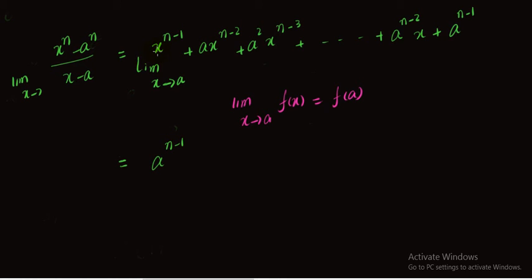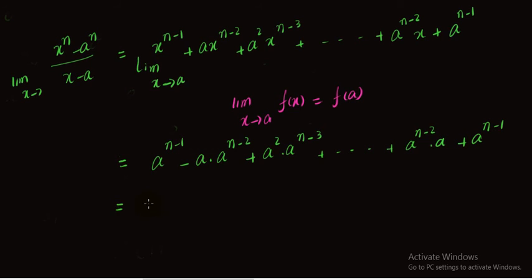We just replace x by a in the second term, a into a^(n-2), after applying the limit. The third one is a^2 into a^(n-3), and so on. This process continues, and our second last term is again a^(n-2) into a, and the last term is a^(n-1).